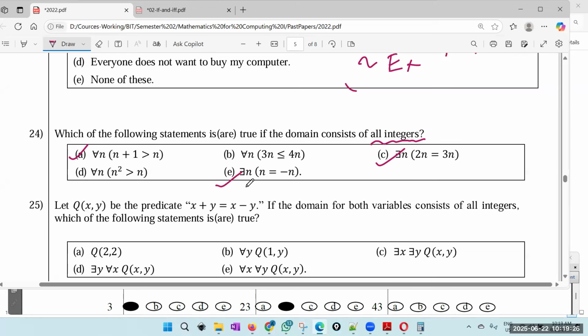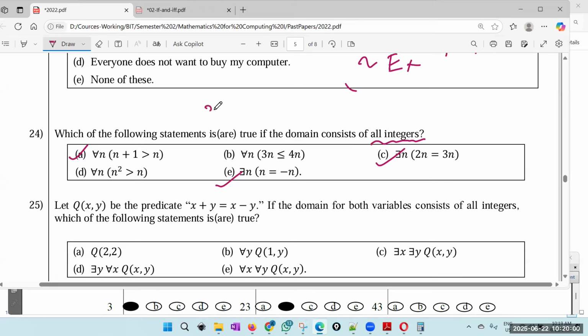So what about this? For all n, 3n is less than or equal to 4n. No, I can find a contradiction. In general, yes. For positive numbers, this is correct. For 0, this is correct because the equal sign is there. Then I want to check the negative numbers.